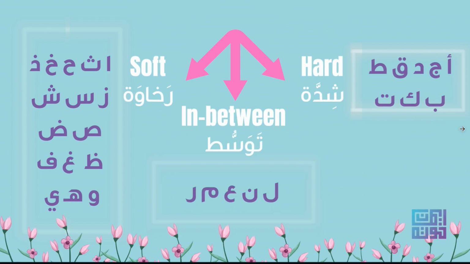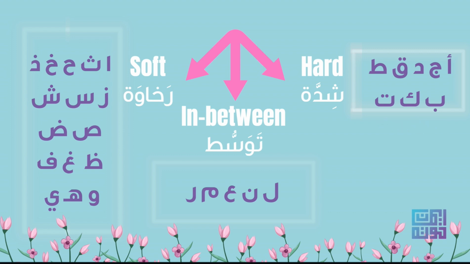Let's move forward. And this is the division of the letters regarding those three characters. Letters that have hardness, shidda, where the makhraj, the exit, does not allow any flow of the sound, and these are those letters: the hamza, jim, dal, qaf, ta, ba, and kaf.